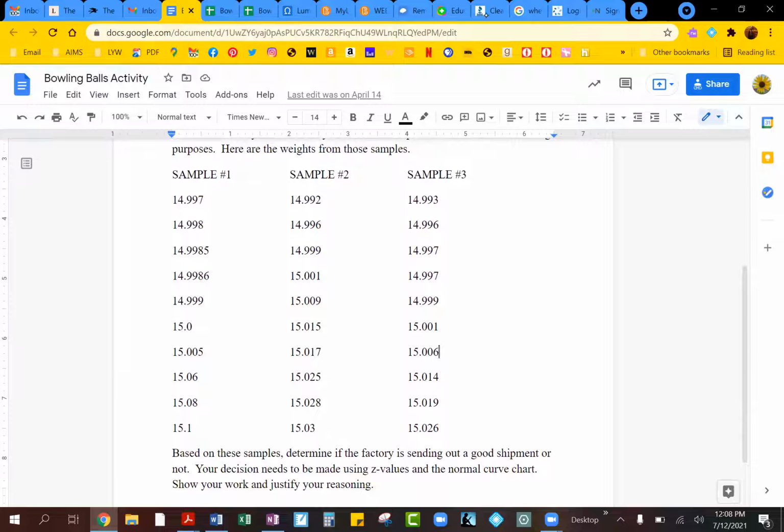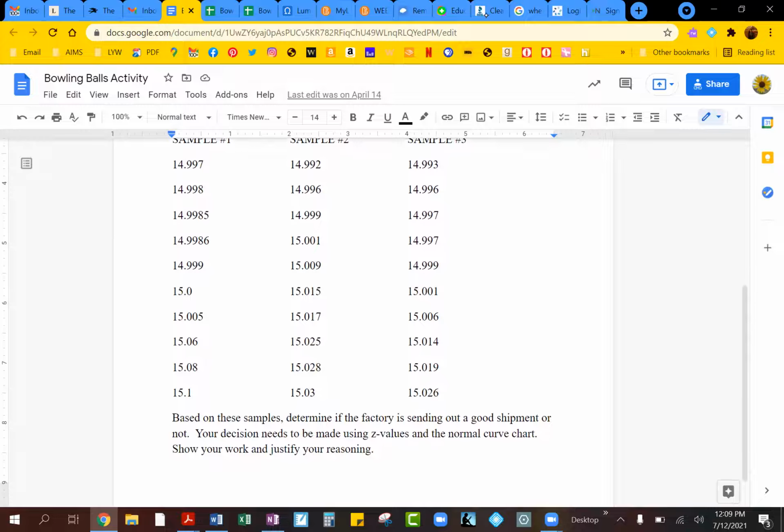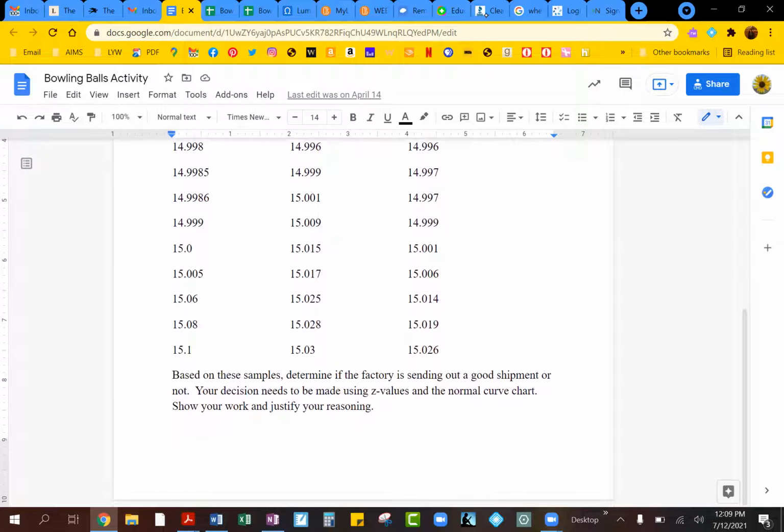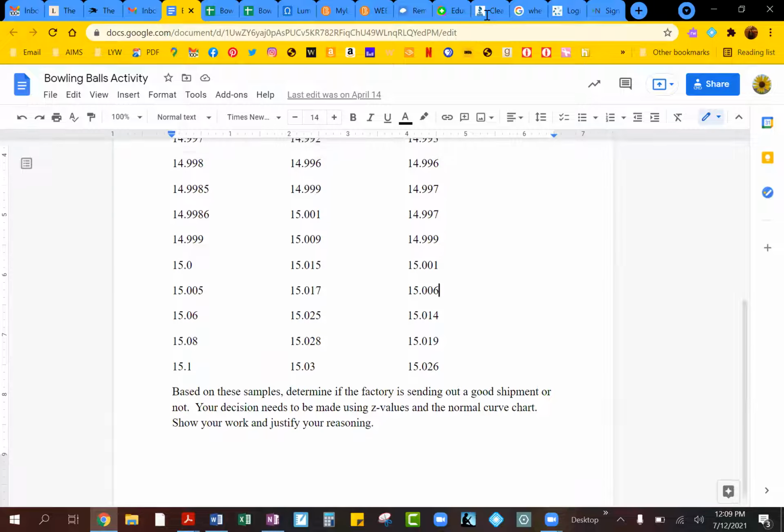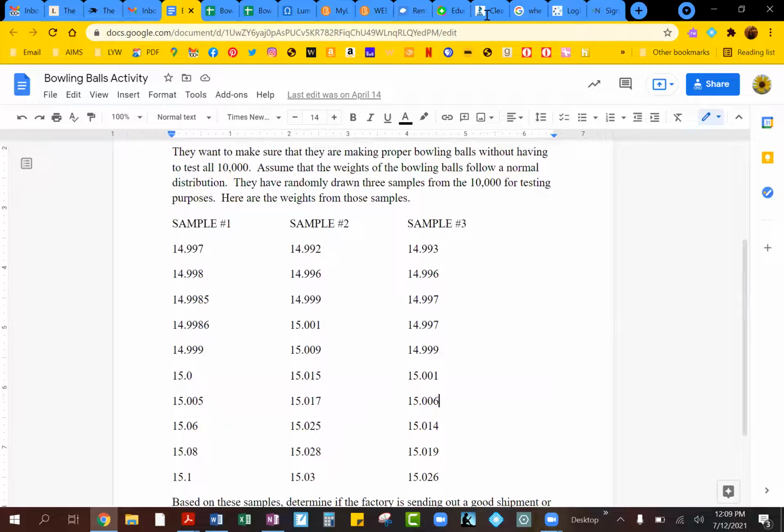They've got 3 different samples, and each sample, as you will see, has 10 balls. So based on these samples, determine if the factory is sending out a good shipment or not. Your decision needs to be made using z-scores and the normal curve chart. And then, of course, they're talking about showing your work and justifying your reasoning.